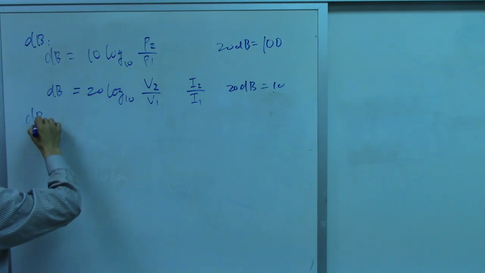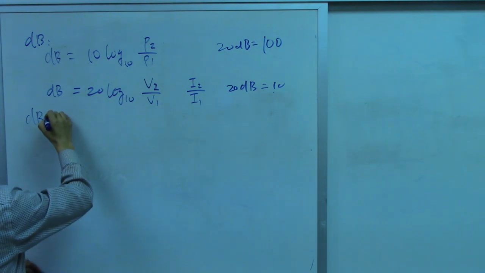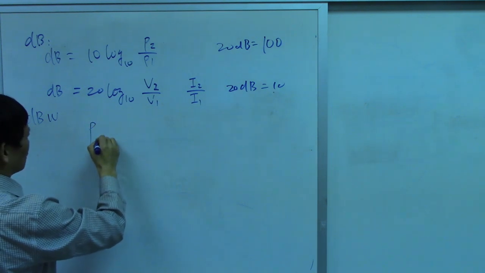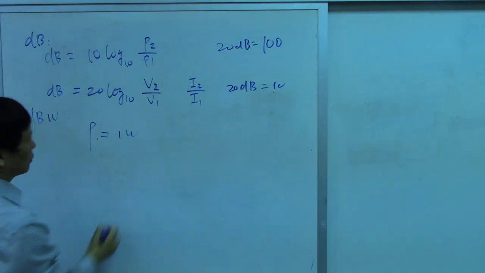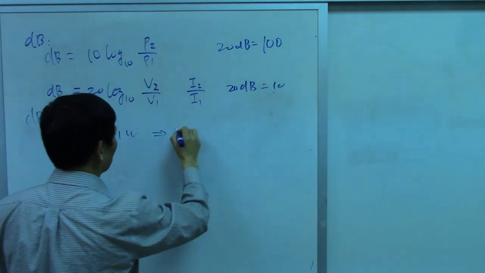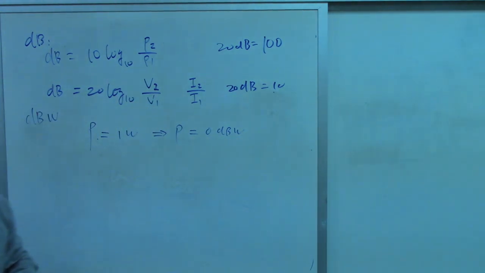Next, we discuss another unit. It's called dBW, dB watt. When we mention a power, if the power equals 1 watt, I can claim that the power also equals 0 dBW. These two are the same thing.